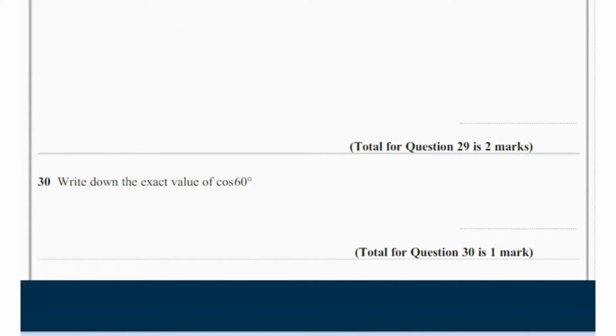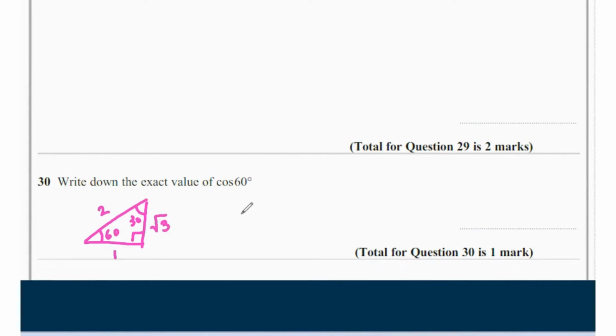Write down the exact value of cos 60. So cos 60 is basically going to be, if we draw a special triangle, this is 60 and this is 30. Special triangle has a ratio of 1, 2, and √3.